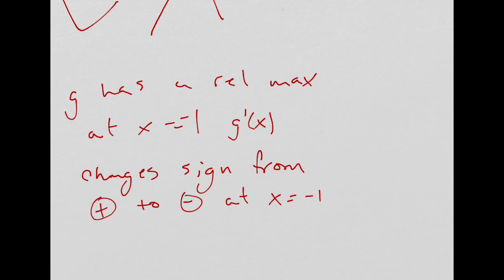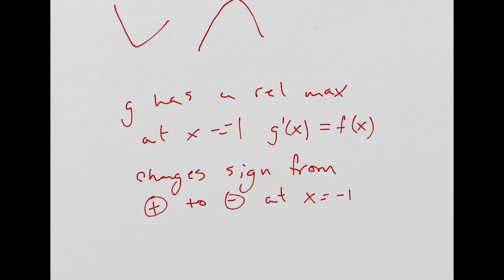G prime, which also equals f of x. Let's read this out loud: G has a relative max at x equals -1.